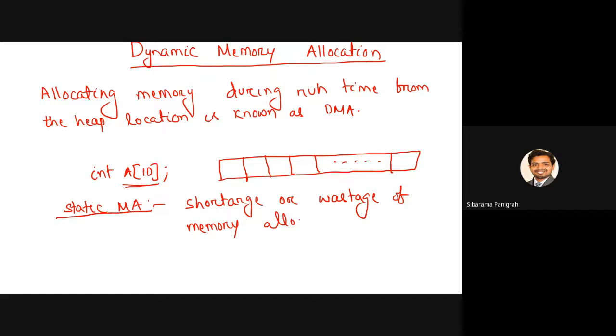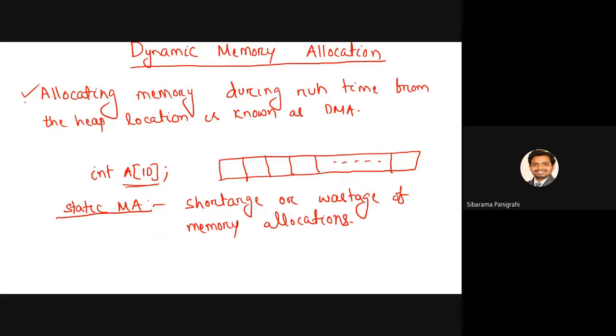Right? So in order to avoid this problem, we have come up with a solution that is called dynamic memory allocation. In dynamic memory allocation, during runtime, when you are executing your program, you can extend the memory locations or you can squeeze the memory locations based on your requirement.